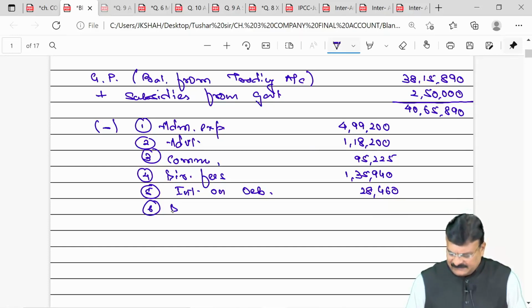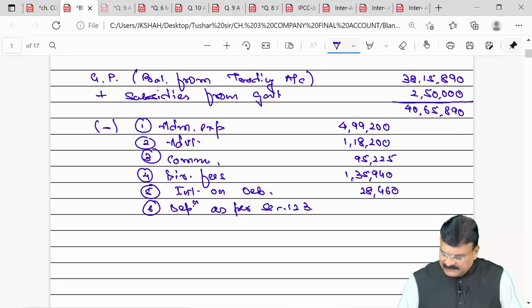So now lastly I'll discuss from your additional information depreciation as per section 123 or Schedule 2. How much? 515675. Total of all this is 1392700.